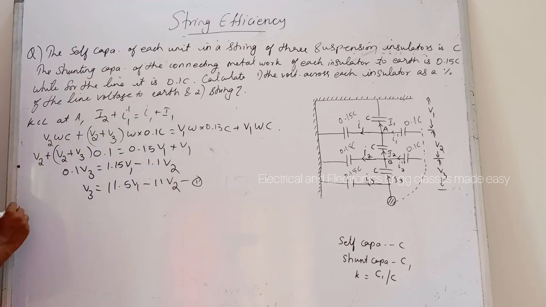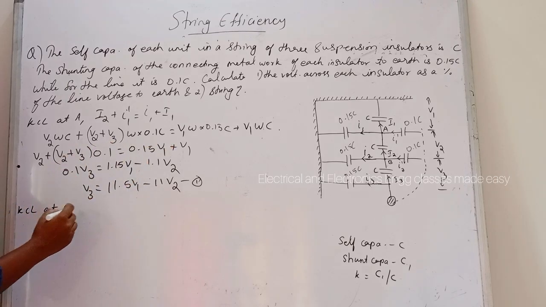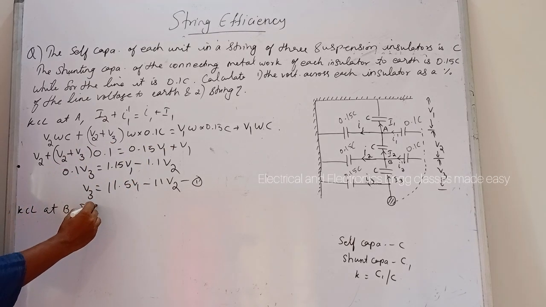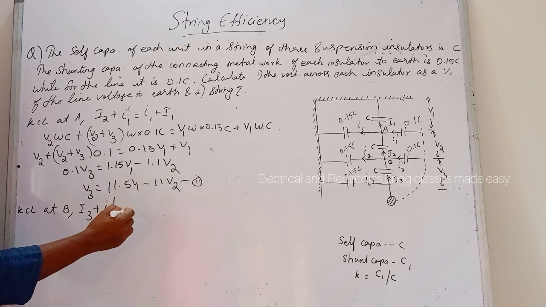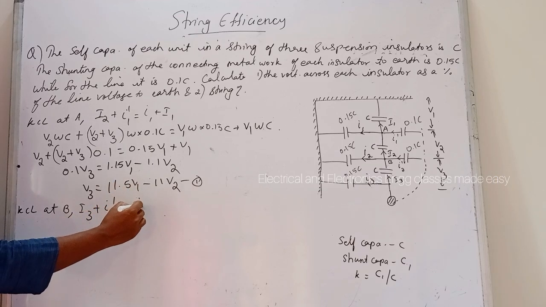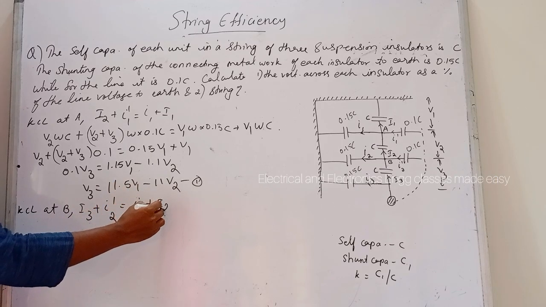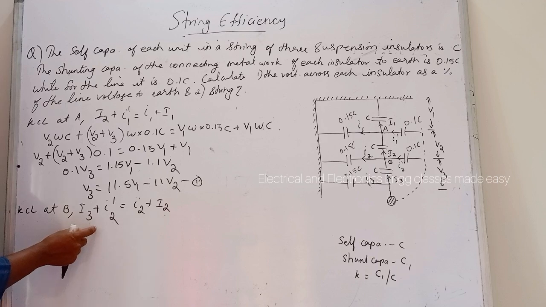Now applying KCL at junction B. At junction B, we will get I3 plus i2 dash is equal to small i2 plus capital I2. What is I3?